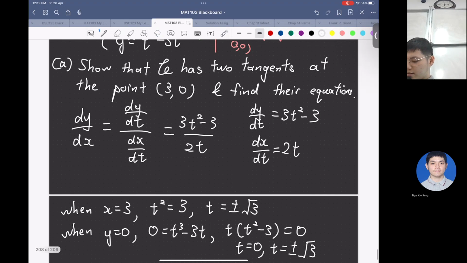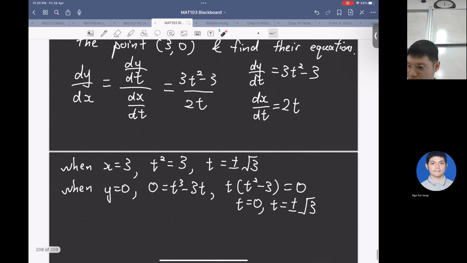When t equals plus minus square root 3, the x coordinate passed by 3. But when t equals 0 and plus minus square root 3, the y coordinate passed by 0 three times. You want the point to pass exactly at (3, 0), so what is the time you need? Plus minus square root 3.